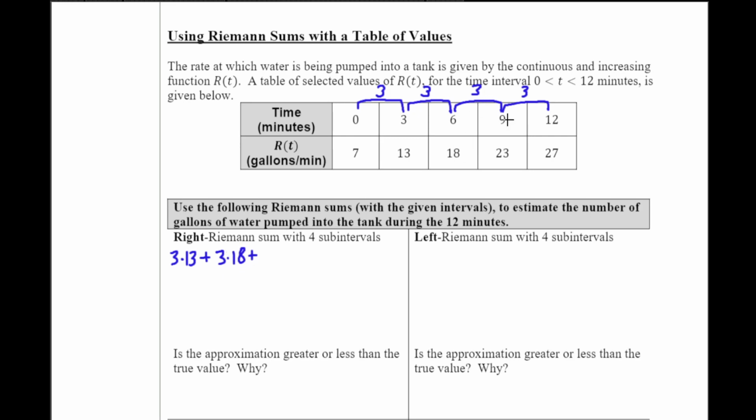Now you take the third rectangle. Width is 3, the height's 23, plus 3 times the right, which is 27. If you put this all in the calculator, you get 243 gallons. Again, gallons per minute times minutes, you're just left with gallons because the minutes cancel out.